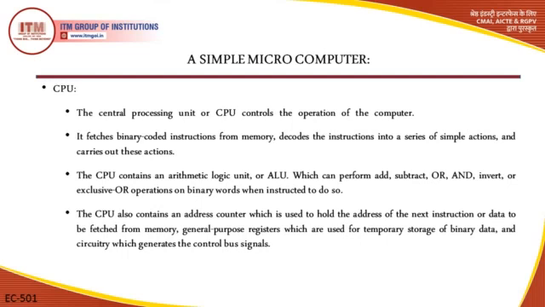It fetches from there and decodes the instruction into a series of simple actions. That means it converts the instruction into equivalent hardware signals and carries out the required actions.